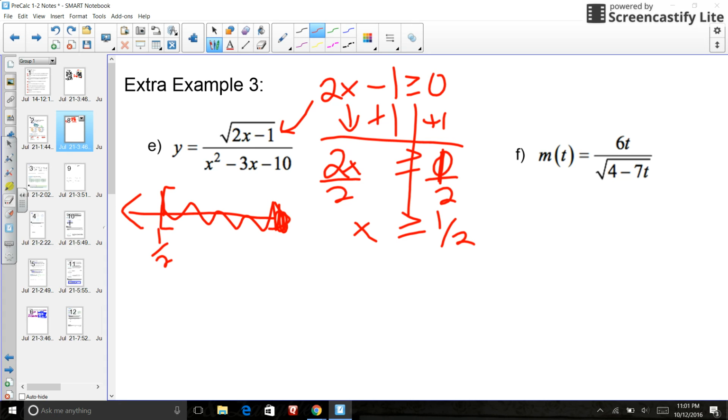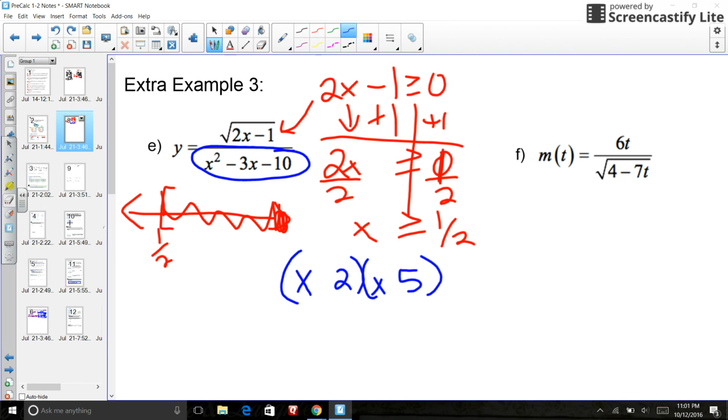Now, there's one slight issue. We also have to look at the bottom, and the bottom can't be 0 either. So we're restricting the domain possibly even more. If I have x squared minus 3x minus 10, I can factor that into x and x, and I know it's 2 and 5.